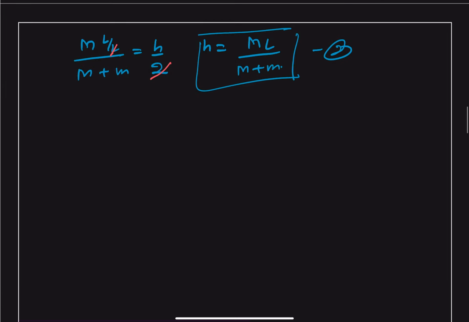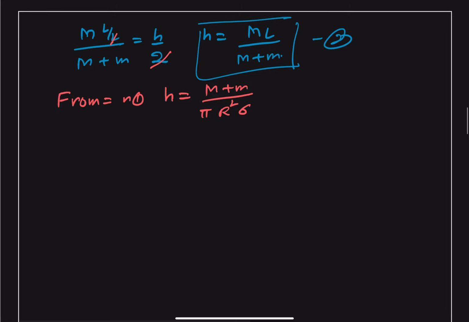But we already know from equation 1 that our h is equal to M plus small m divided by pi r square sigma. So we can equate these two equations because they represent the same thing.